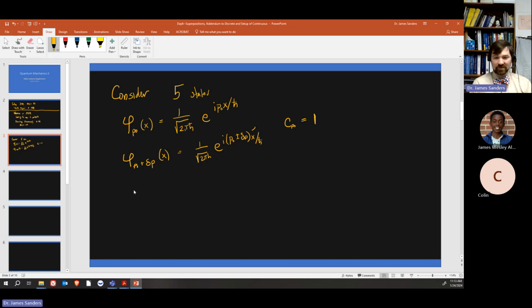I don't know why my writing goes diagonal like this, but bear with it. These ones, whoops, that's really all supposed to be in the subscript somehow. We'll say C sub A.